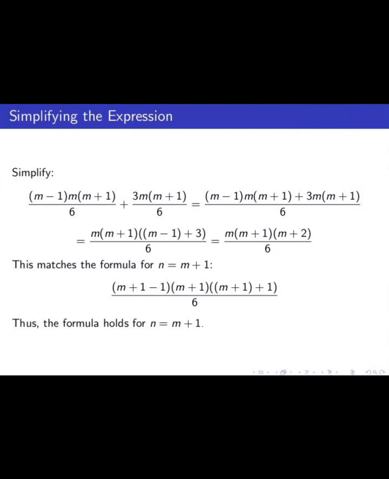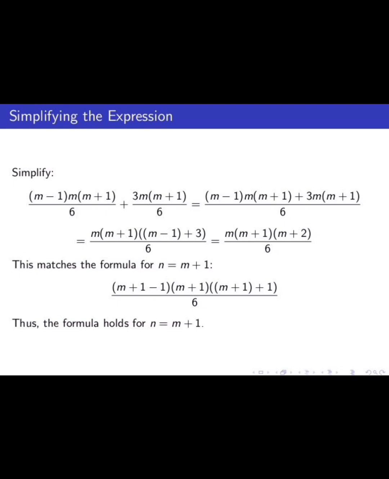So the next thing is we solve using LCM, right? So our LCM is 6. So when we simplify further, we have m plus 1 m plus 2 divided by 6. Are you getting it? Now remember that we stated earlier that n is equals to m plus 1, right?